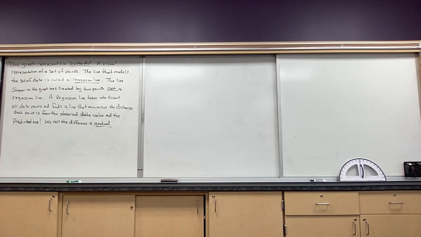Again, our regression line takes into account all the data points, and you find a line that minimizes the distance to this guy. So that's the objective, and again, this is my hand-drawn graph here, so it's kind of hard to model, but that's what I'm trying to do. All these little distances here, I want to minimize as much as possible.